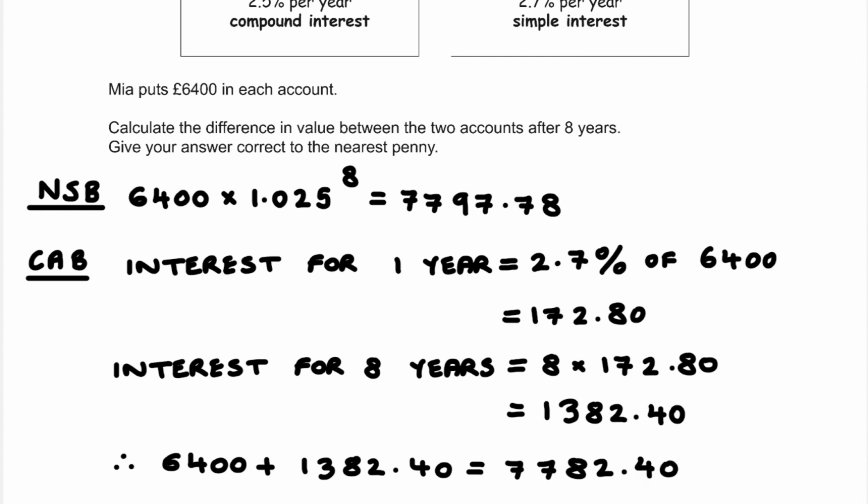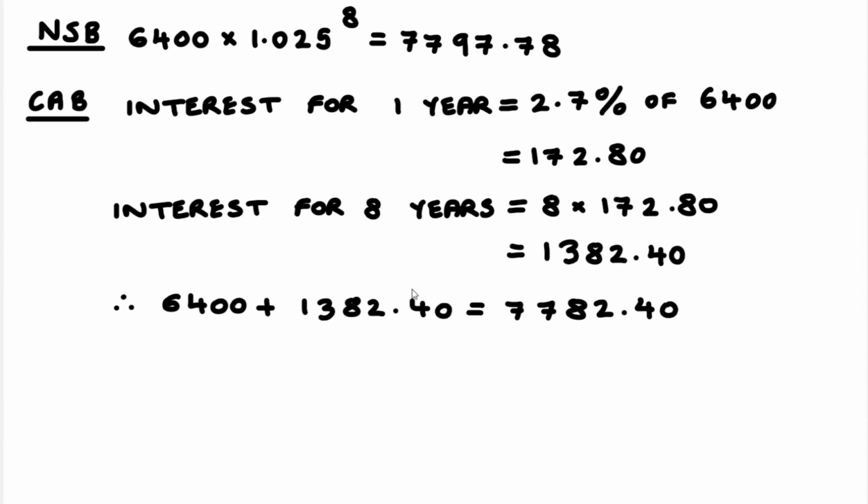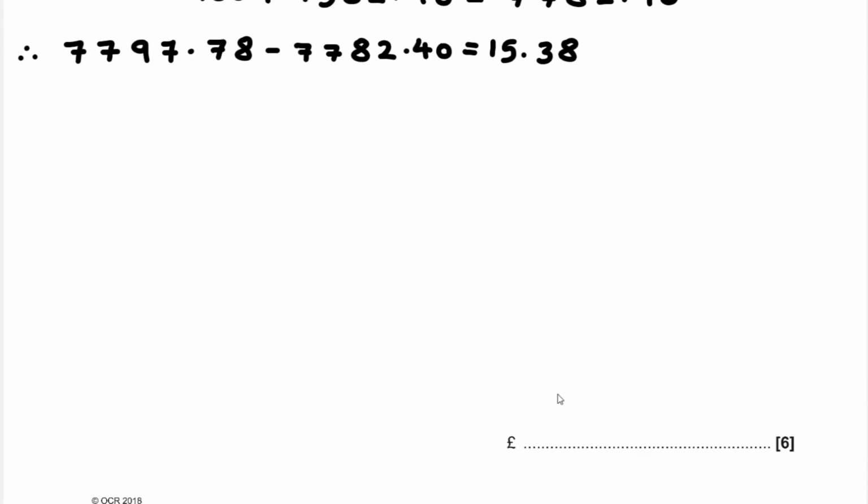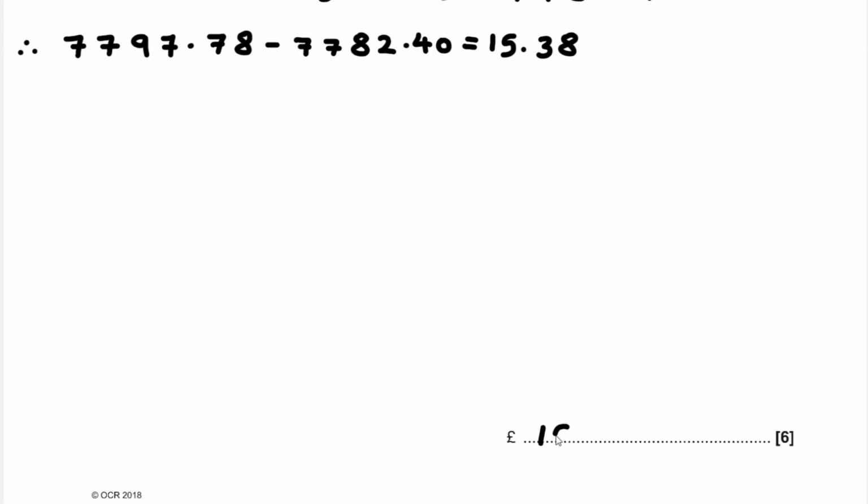Now we have to calculate the difference. So the difference is equal to £7,797.78. Subtract £7,782.40. That leaves us with £15.38. So we have £15.38.